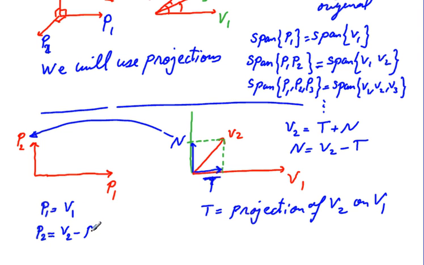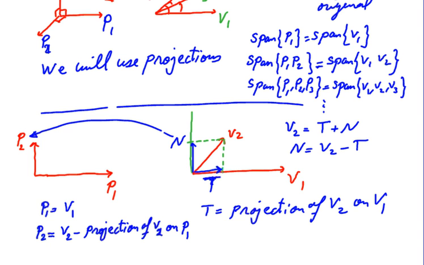So we say projection of V2 on the very first one, which by now is just called P1. Okay, P2 is V2 minus projection of V2 on P1.